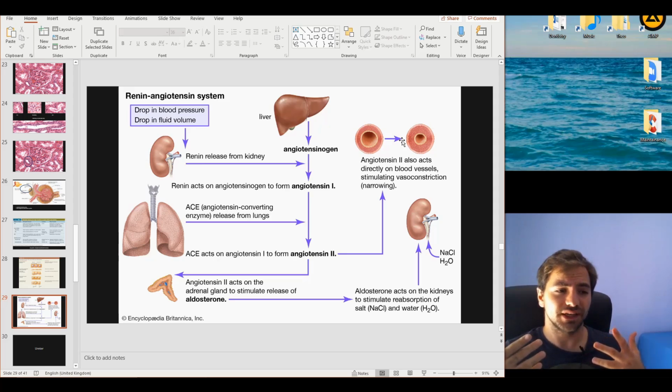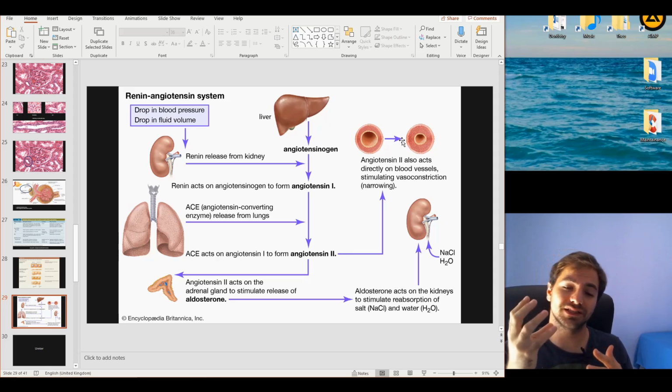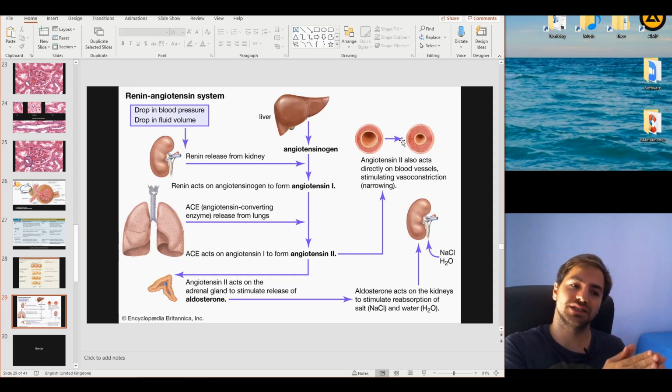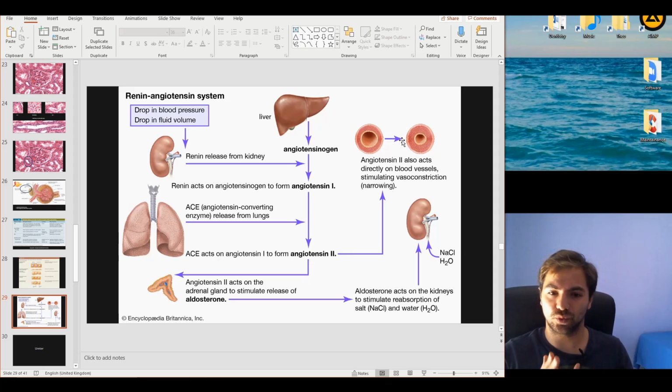Now, when we have a drop in the blood pressure, the macula densa will sense this drop of pressure and activate the juxtaglomerular cells to produce renin. After renin is produced, we're going to have the conversion of angiotensinogen to angiotensin 1.